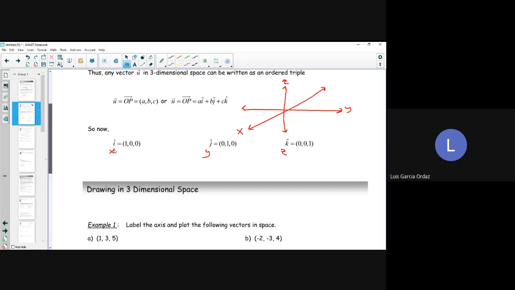As per usual, this is my negative y-axis, so my negative values are going to be here. This is going to be my negative z-axis. However, my negative x-axis is going to be right up here. So that's how we're going to be drawing our vectors in three-dimensional space.